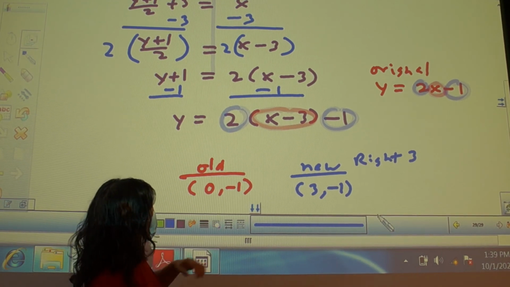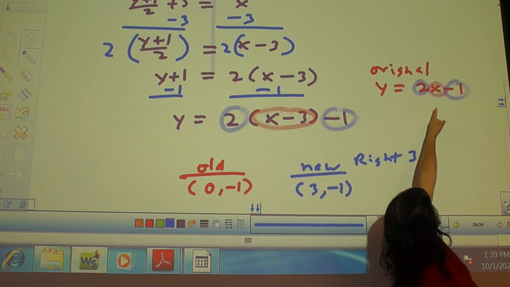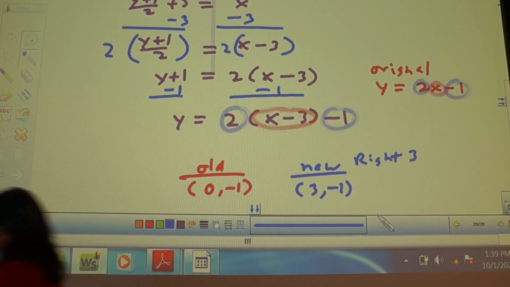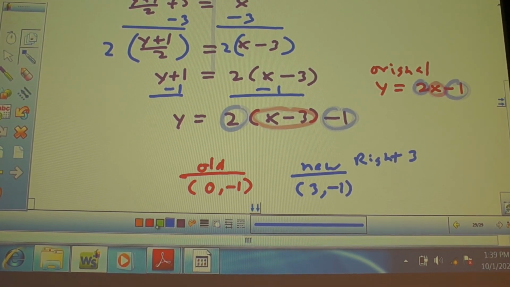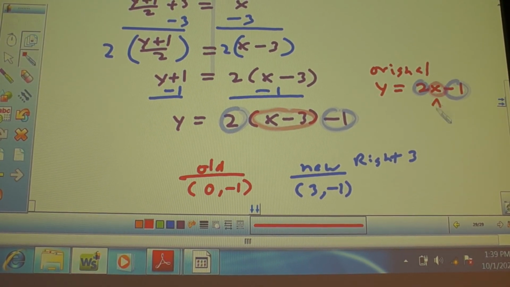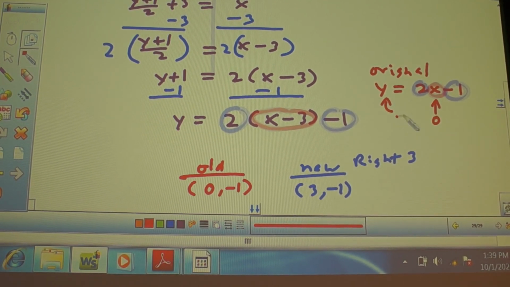So this was my old x. This part needs to be 0 for this part to be negative 1.